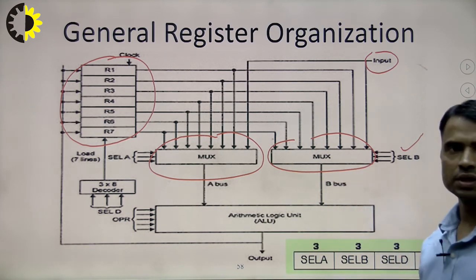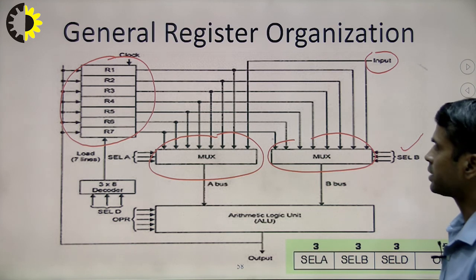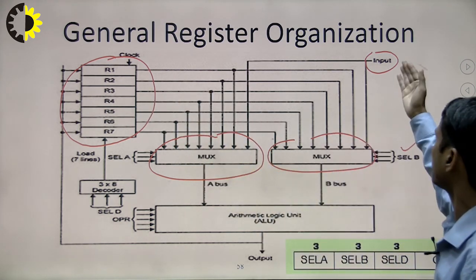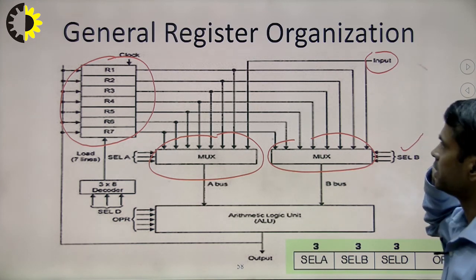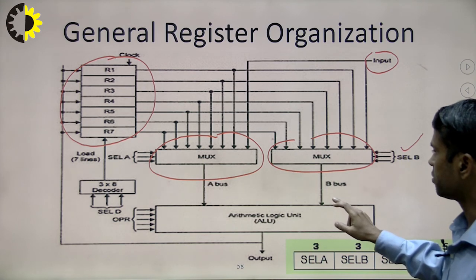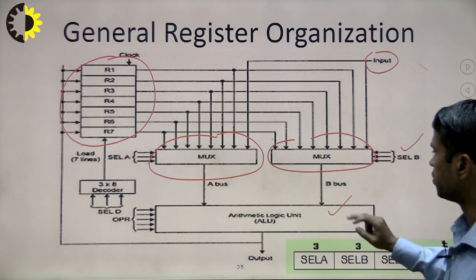The purpose of using this multiplexer is to select a particular input, either from the register or from the input outside the CPU, to be given to the ALU.